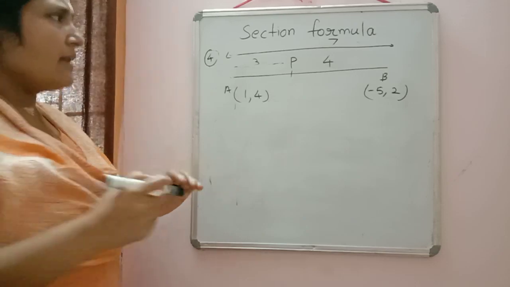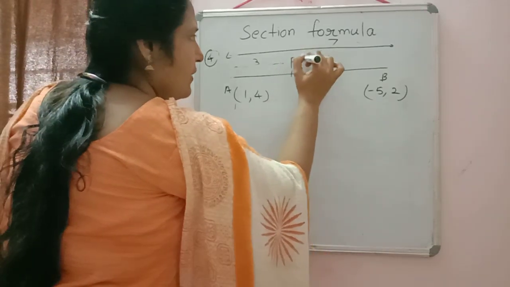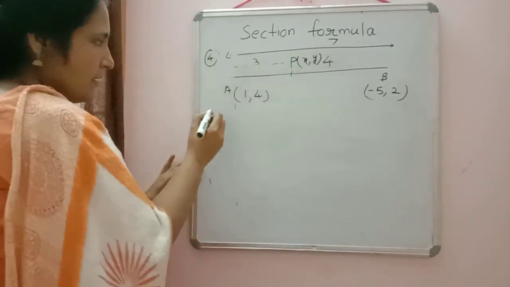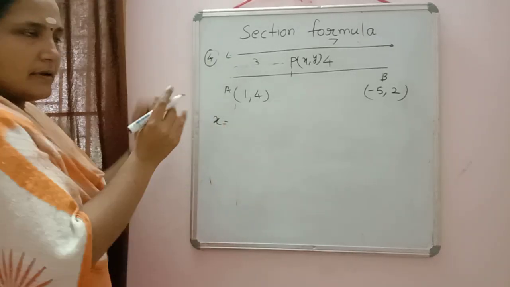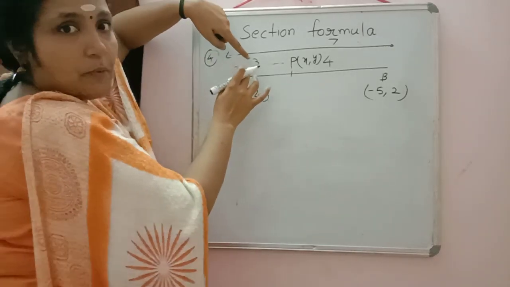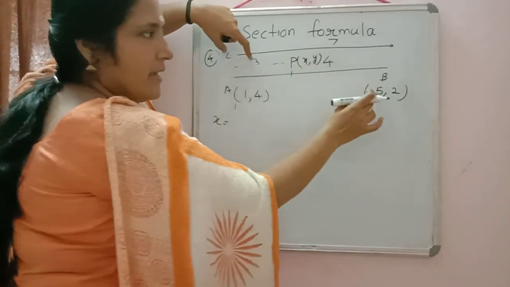So again, calculating the x coordinate and y coordinate of P. So x is equal to 3 will be multiplied by which point? Yes, minus 5.